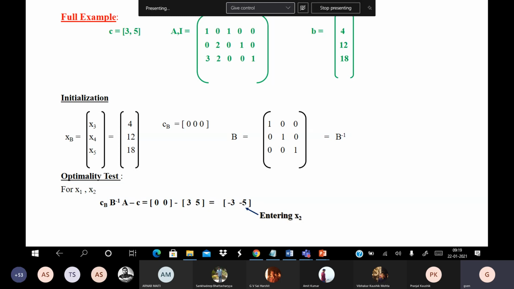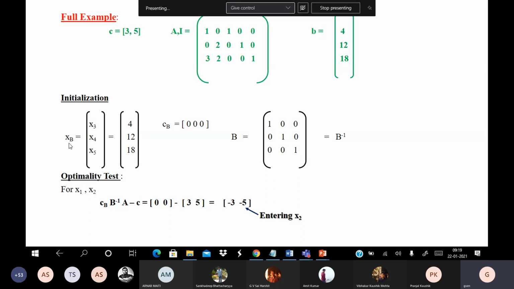We know that because this is in standard form, your origin would be the initial solution. So we are initializing the basis xB as x3, x4, x5, the slacks, right? And for this basis, we have an identity matrix initially, which is equal to B inverse, right?